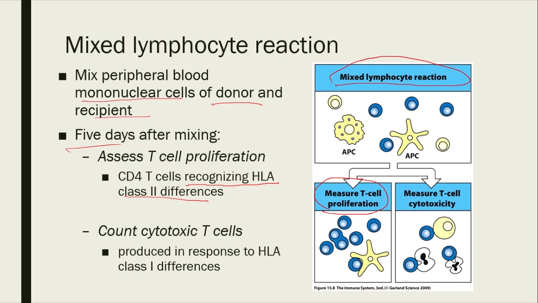Then you also measure T-cell cytotoxicity, counting the T cells in response to HLA class 1 differences. These are still the basic principles that we've been learning from the adaptive immune lecture. That's why that lecture was very, very important. Everything is based upon those concepts.